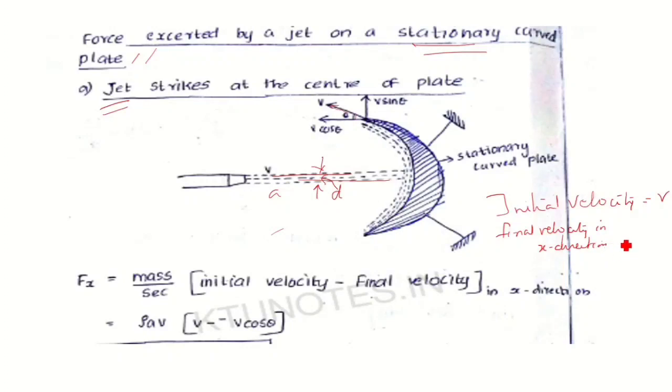Final velocity after striking the plate, the jet moves back at an angle theta, and the final velocity in the x direction is equal to v cos theta. It is leaving the plate with the same velocity v with which it strikes the plate, but making an angle theta.